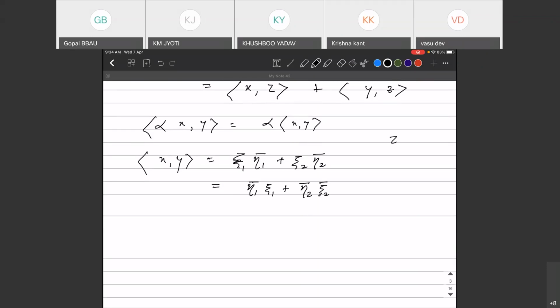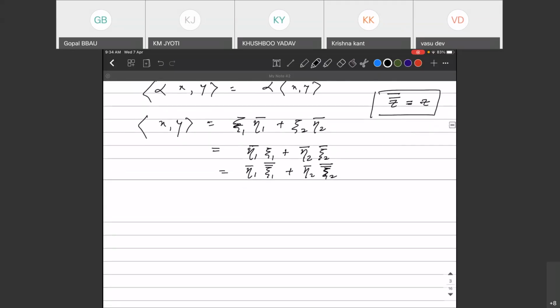But you know the bar of z bar is z. So if z is a complex number, the bar of z bar is z. So eta 1 bar xi 1 bar plus eta 2 bar xi 2 bar.